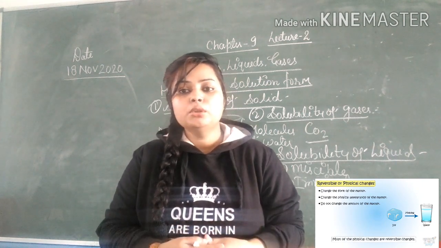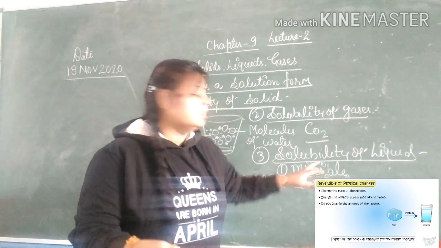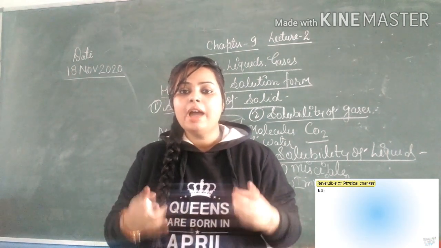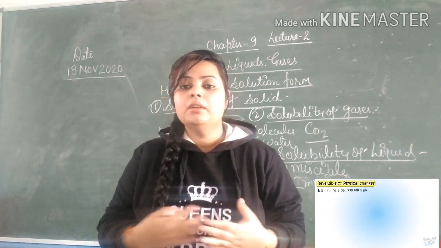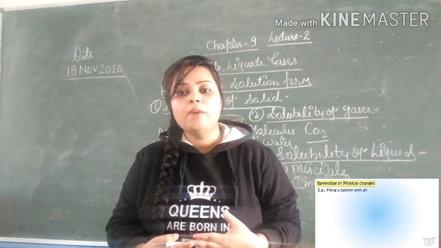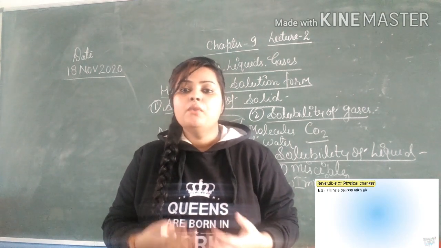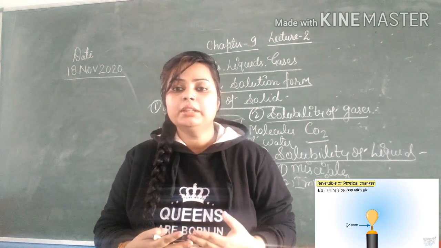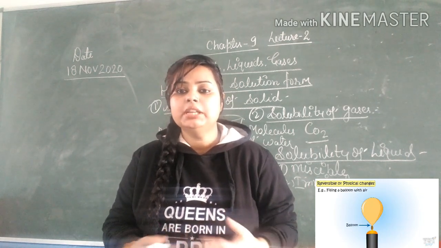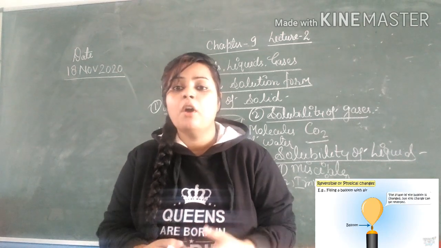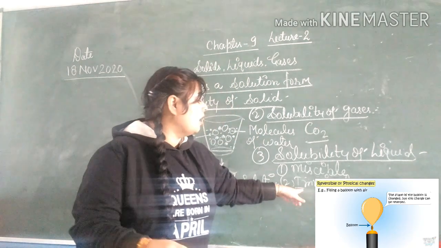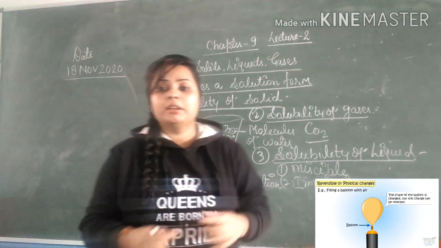This is also miscible. So when two liquids mix together, they form a miscible solution, and when two liquids can't mix together and make a solution, that is an immiscible solution.